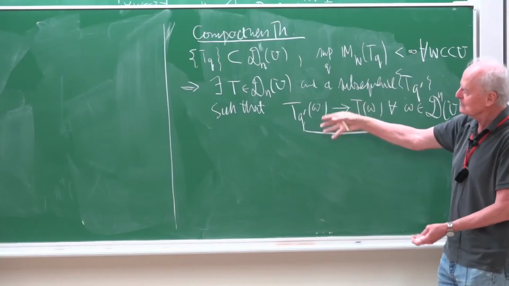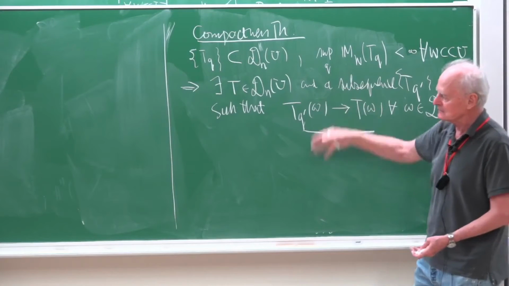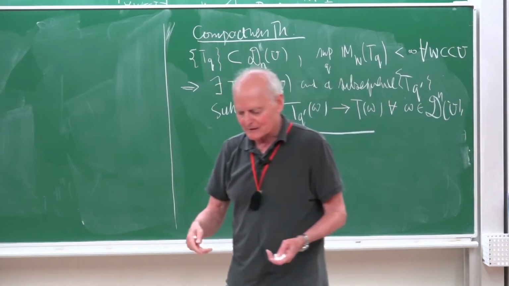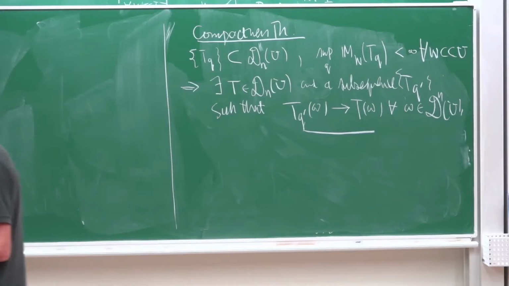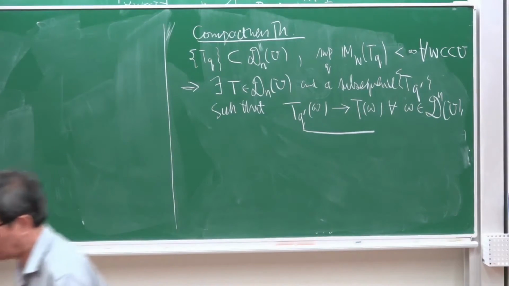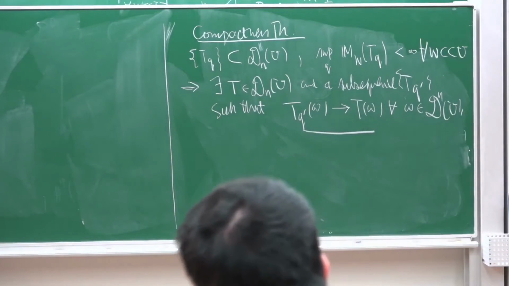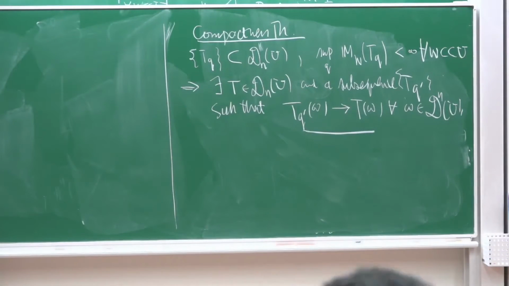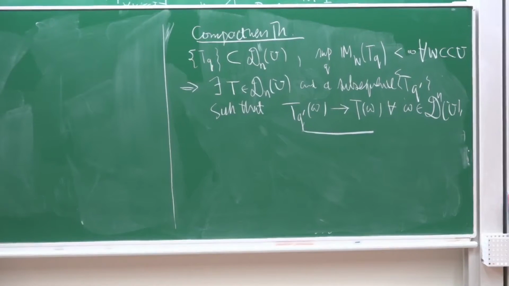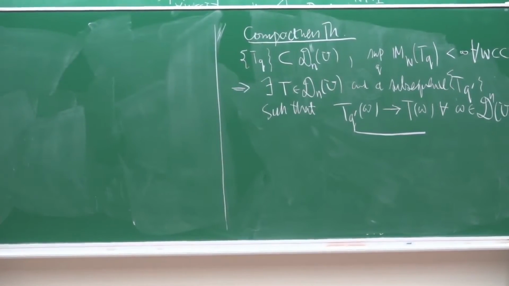So this is really just a theorem in functional analysis. It's not like the real compactness theorem of Federer and Fleming that I mentioned, which we're going to talk about later. But let's see if we can, in any case, prove this.